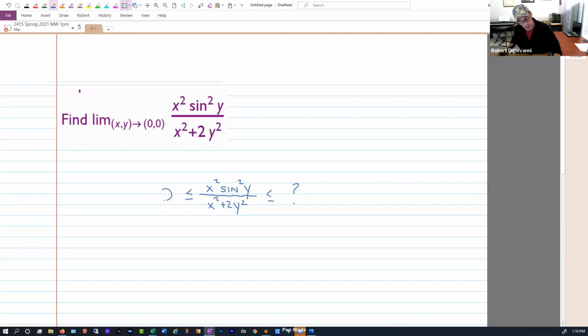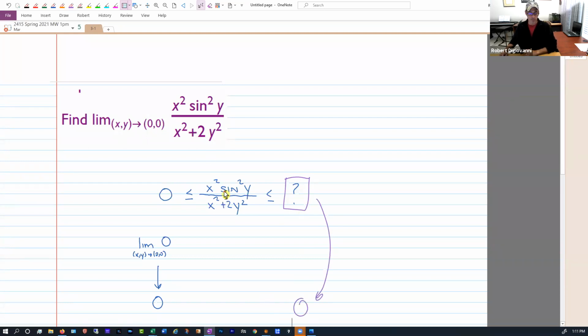Good. Okay. Now, the good news is if we go now and we take the limit of the left side, the limit as any point approaches (0, 0) of that left side, 0, well, that's just 0 because it's just a constant. So we know that that limit is approaching 0. So if this is going to work, then the function we pick here, we are going to need that limit also eventually goes to 0.